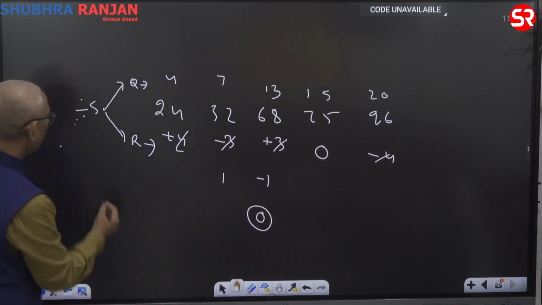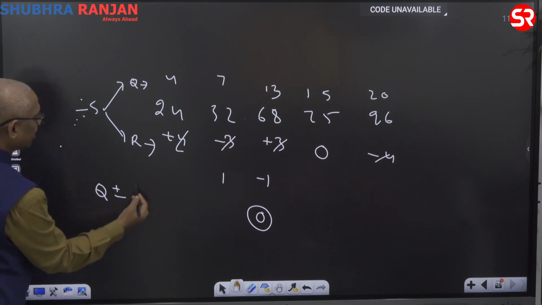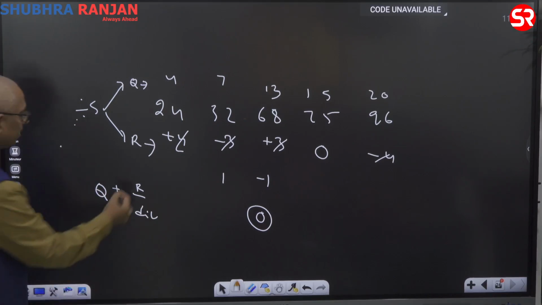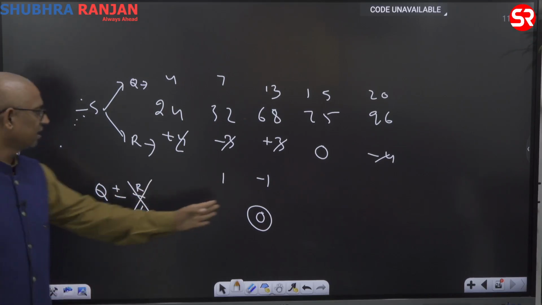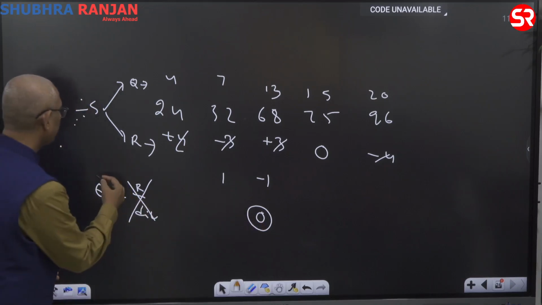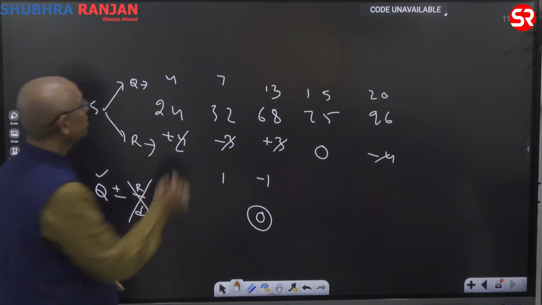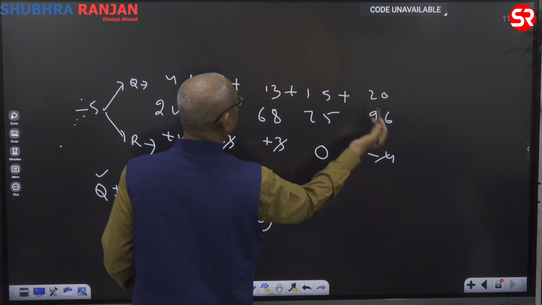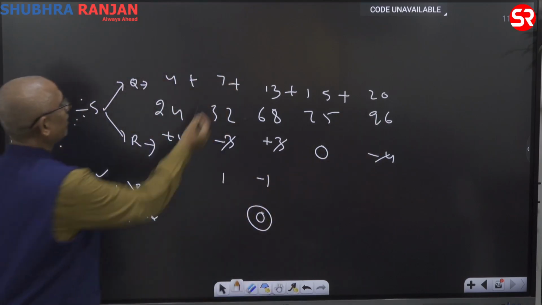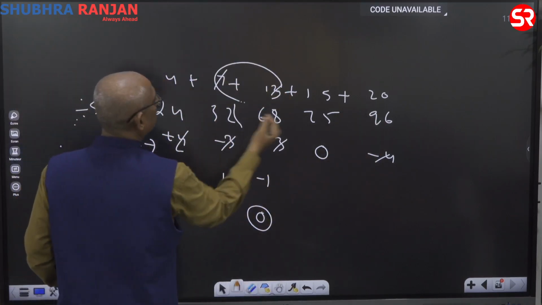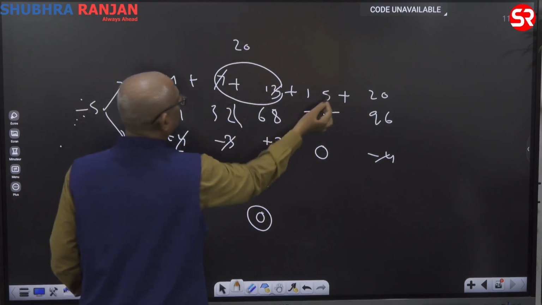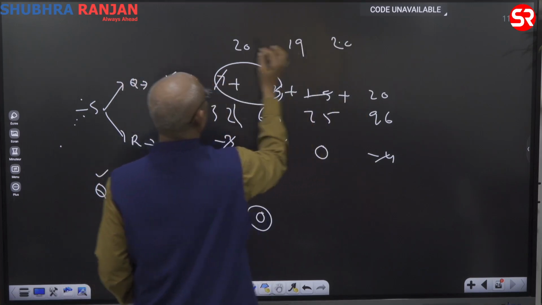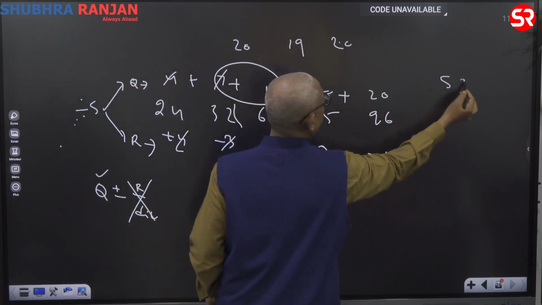So the answer is quotient plus or minus remainder by divisor. That is the division rule that we are applying. But this term will become 0 because the remainder is 0, and only the sum of the quotients is the answer. Sum of the quotients: 4 plus 7 plus 13 plus 15 plus 20. 7 and 13 link to make 20, 15 is 1 less so it becomes 19 and 20, 20, 20, 40, answer is 59.